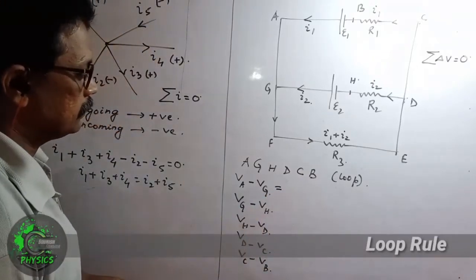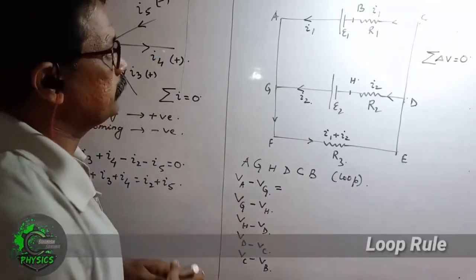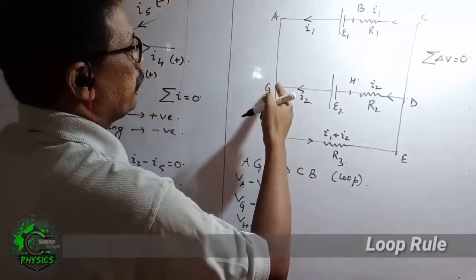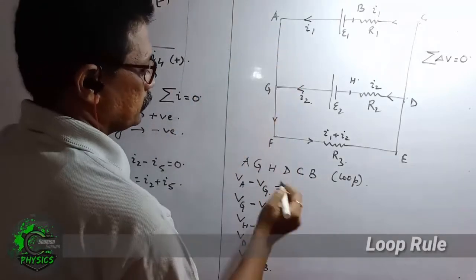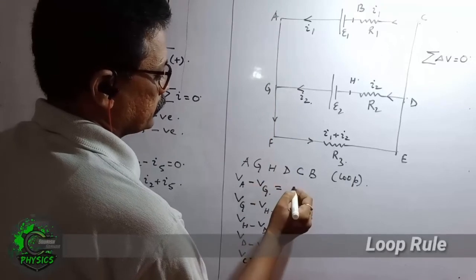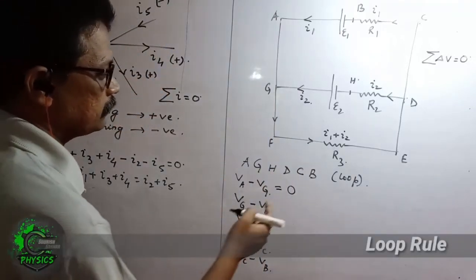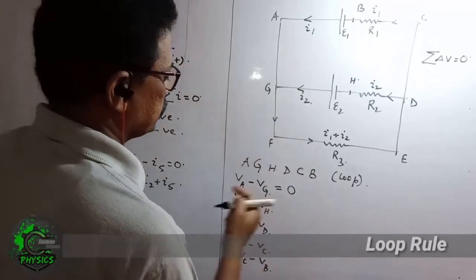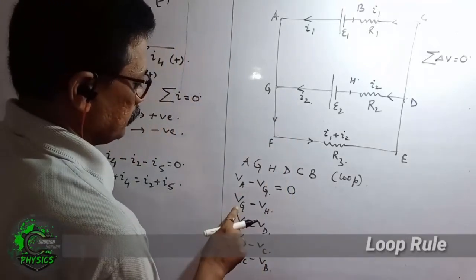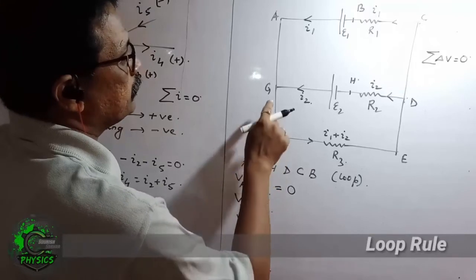Now let us see VA minus VG. Here there is no resistance, so the potential difference is 0, because we know potential difference is I into R. If R is 0, then the potential difference is 0. Then VG minus VH.